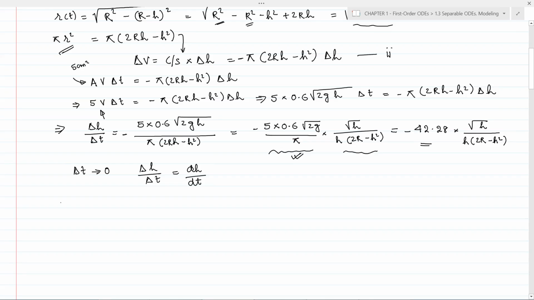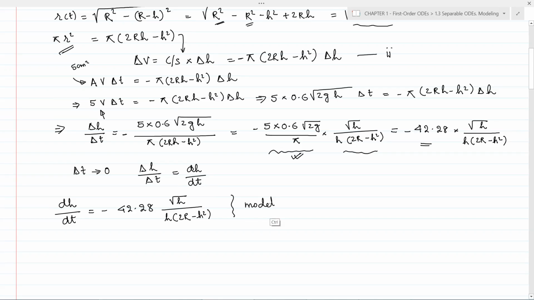So, from this we can write dh by dt equal to minus 42.28 square root of h by h (2R minus h) squared, and this is the model that we have constructed.